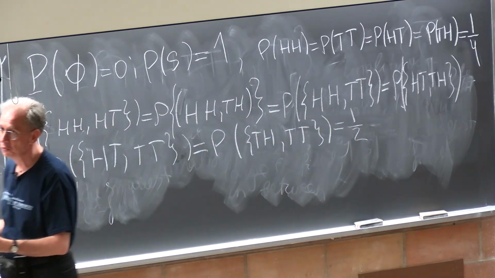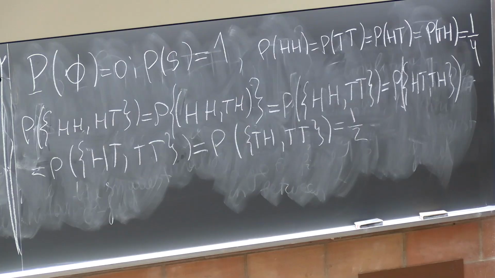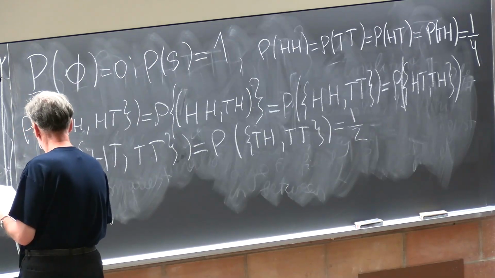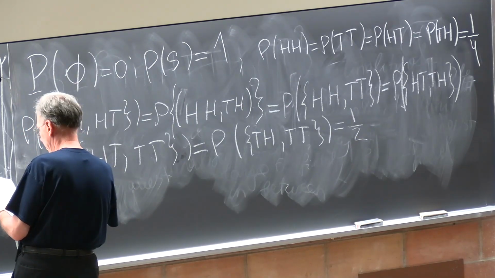And finally, we have 4 unions of 3 elementary outcomes. Now let me write them down.